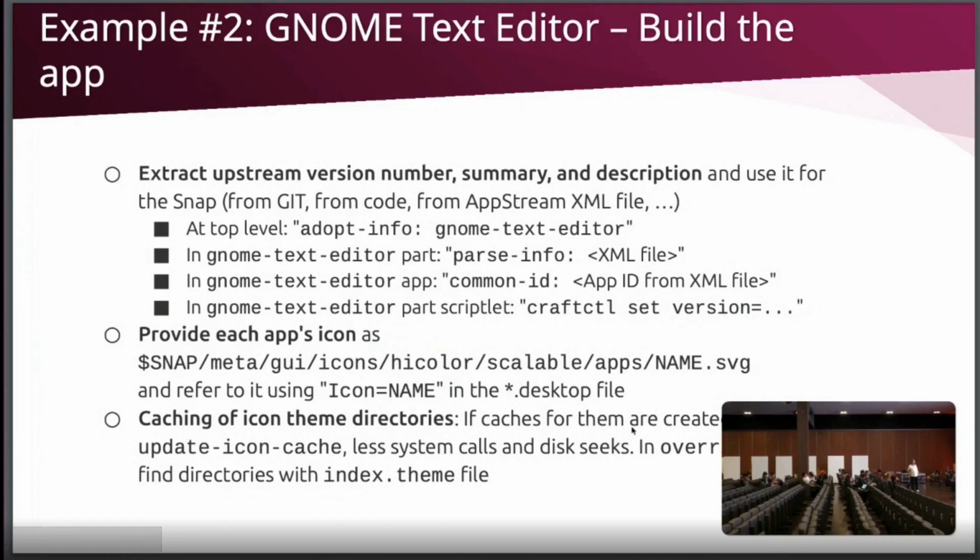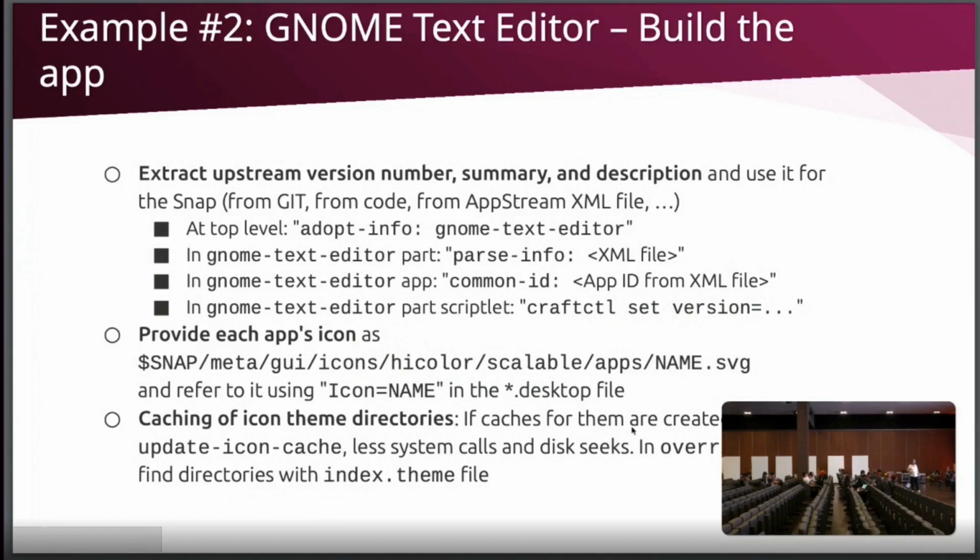For the upstream version number, the snap should ideally have the same version number as the upstream package. And if you want, you can add some package release number, as we know it from Debian packages.